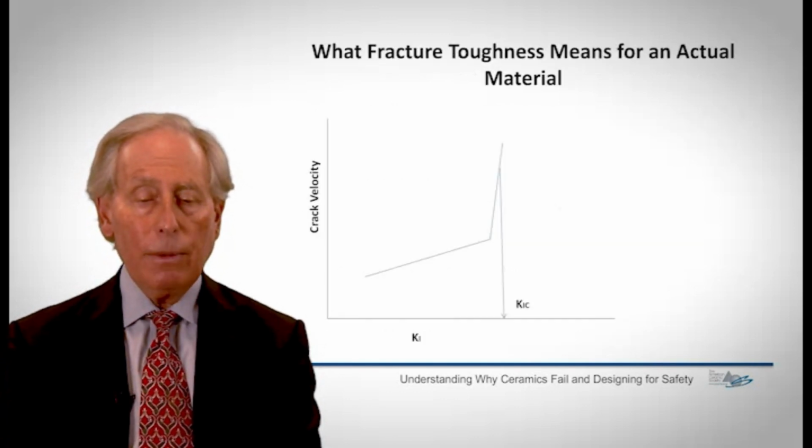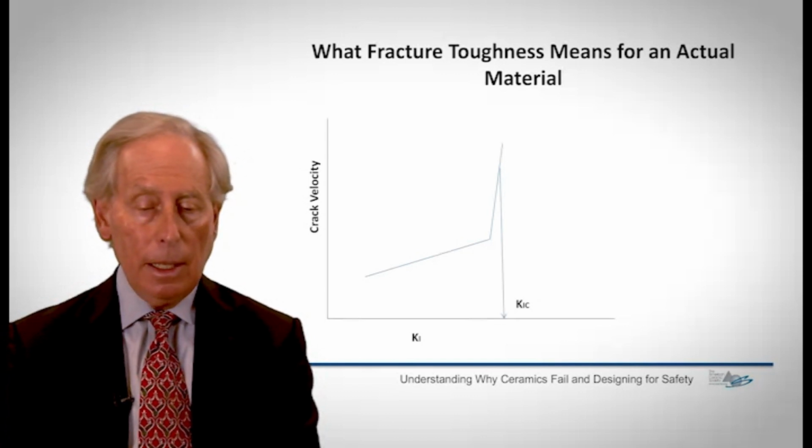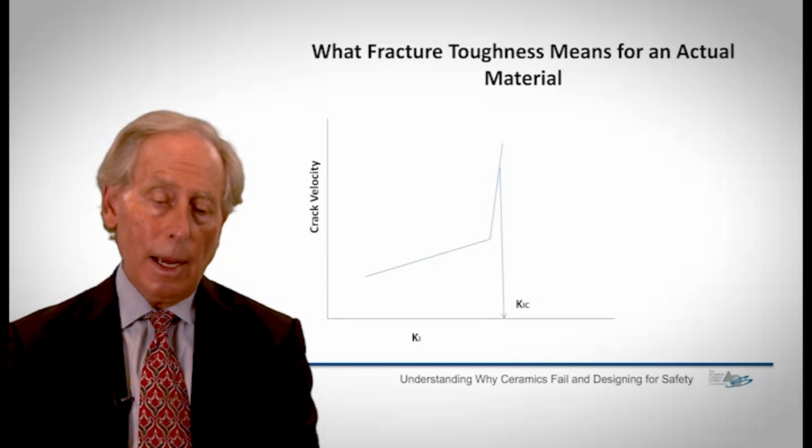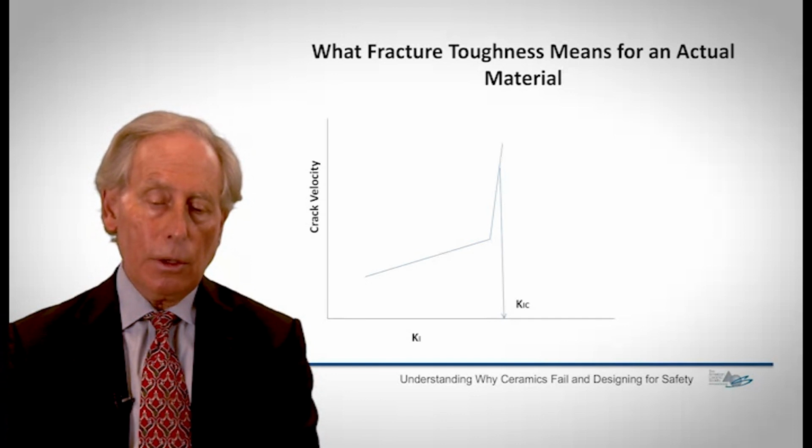So what fracture toughness means for an actual material, here we've plotted the growth rate of the crack velocity as a function of stress intensity factor. And you can see the crack is growing slowly with time. It speeds up and the slope of this curve increases, but it's still a finite curve. And the critical stress intensity factor is just 1 point on that curve.